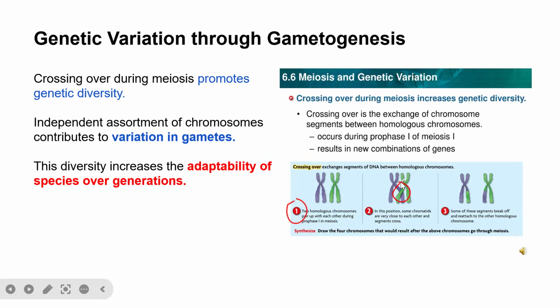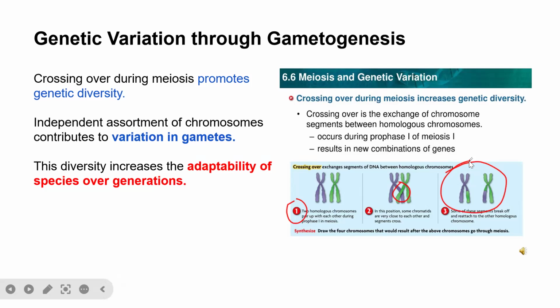In this position, some chromatids are very close to each other and segments cross. And at the end, this is what we are going to have. The homologous chromosomes exchange segments of DNA. Some of these segments will break off and reattach to the other homologous chromosome. So this is the crossing over. It occurs during prophase 1.